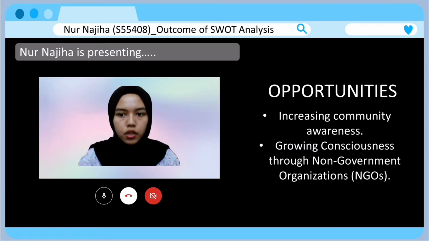Next is growing consciousness through non-government organization, NGO. So the Marine Department can collaborate with the other NGO like Environmental Protection Society Malaysia, Sabah Wetland Conservation Society, and also Socio-Economic and Environmental Research Institute.